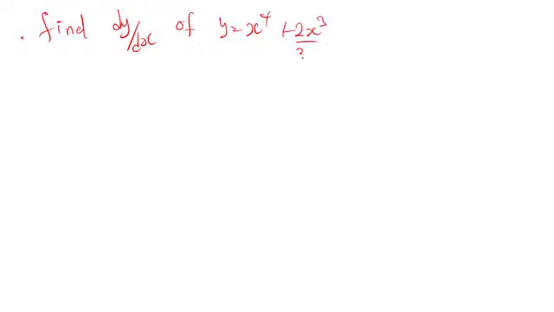Now let's do that. Let's differentiate it. Find dy/dx of, remember what we had there, y equal to x raised to the power 4 plus 2x raised to the power 3 over 3 plus 2x squared plus 2x plus the constant term.